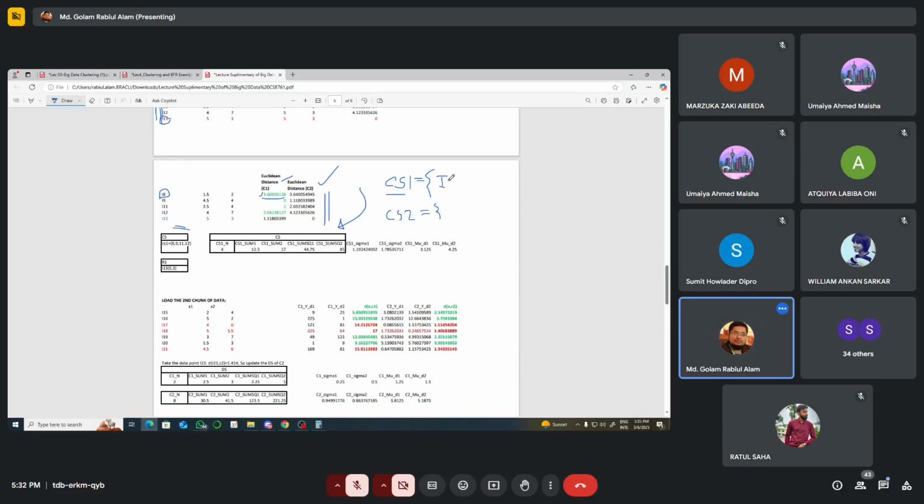For I9, the values are 0 and 1.1, so I9 is also in cluster 1.